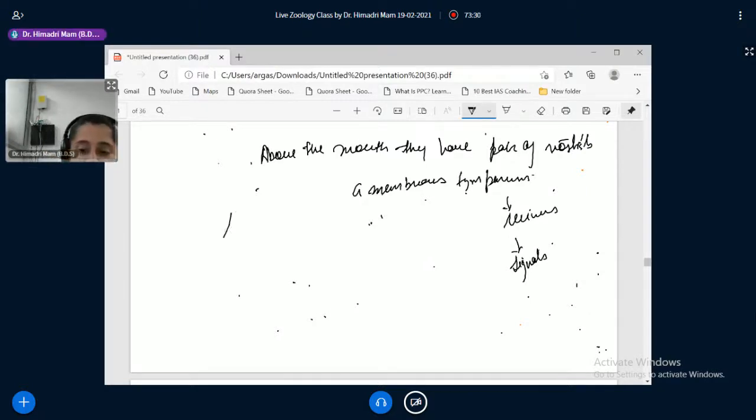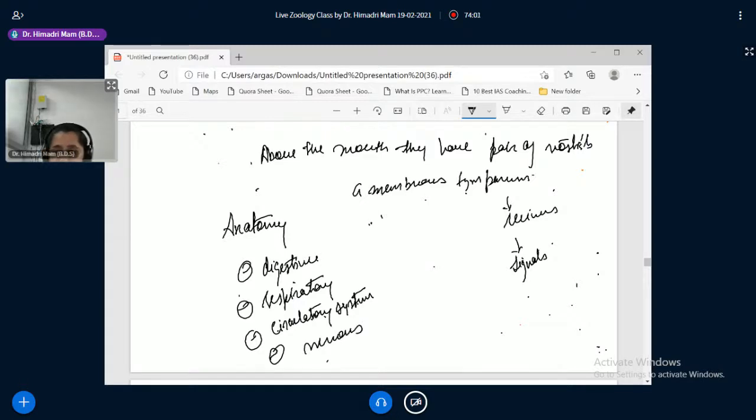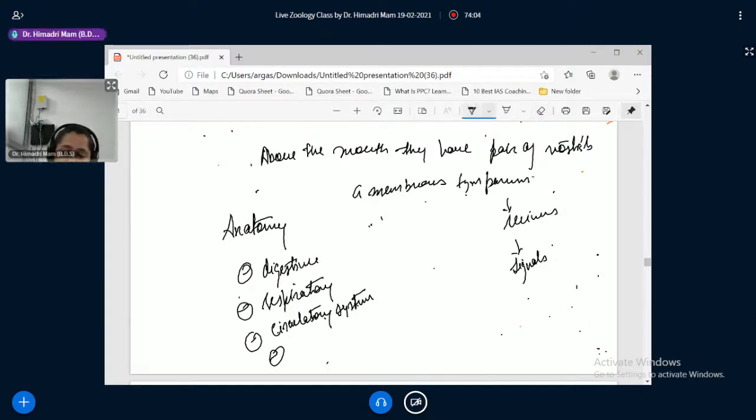Right. We'll talk about the anatomy. They have the digestive system, the respiratory system, the circulatory system, and also the nervous system, and the last is the excretory system also.